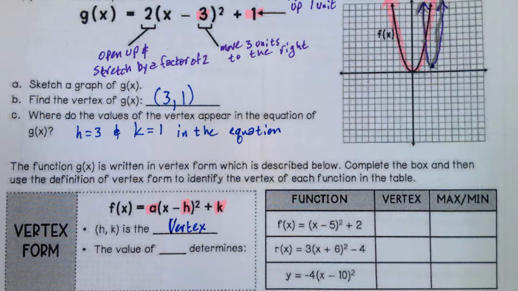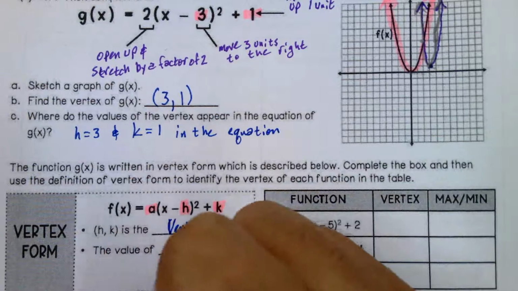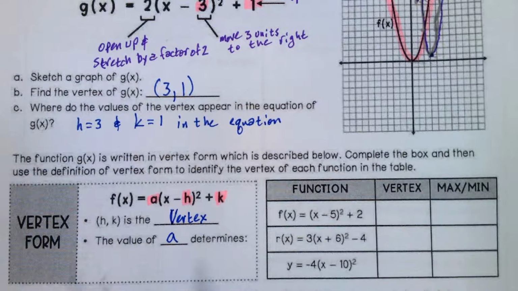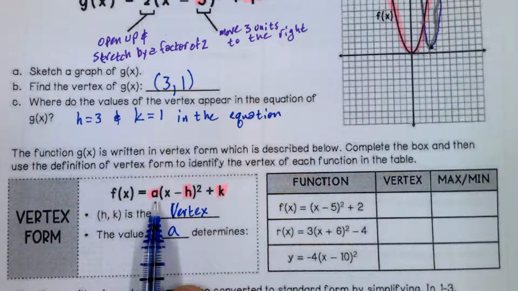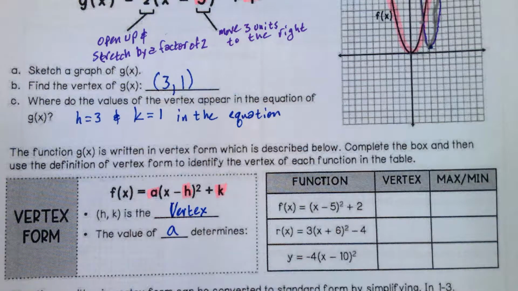So H comma K is always going to be the vertex for that equation. And the value of A determines, well, what is A going to tell us? Yeah, kind of like the slope, but we call it the stretch maybe, or whether it's stretched or widened.